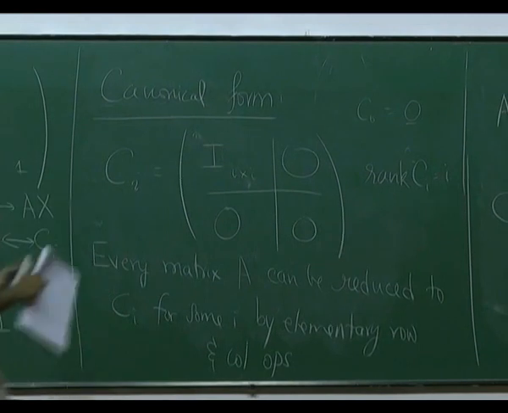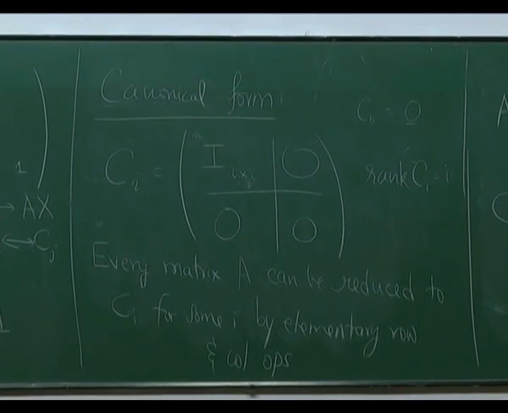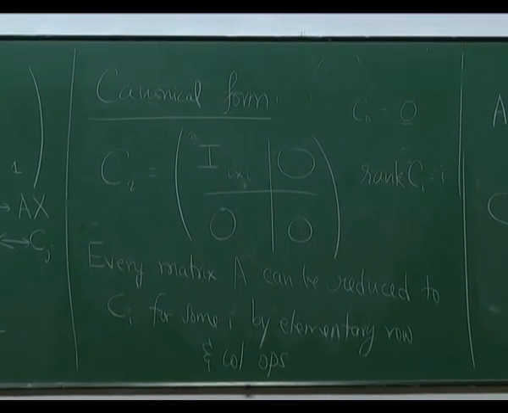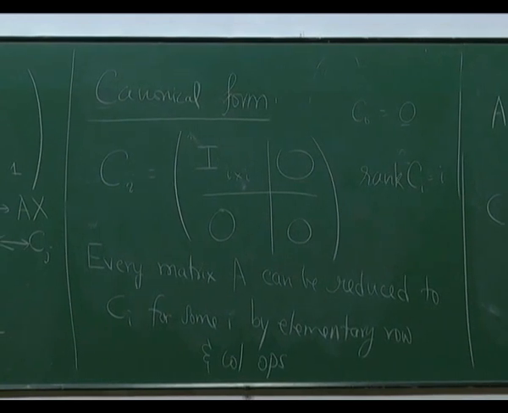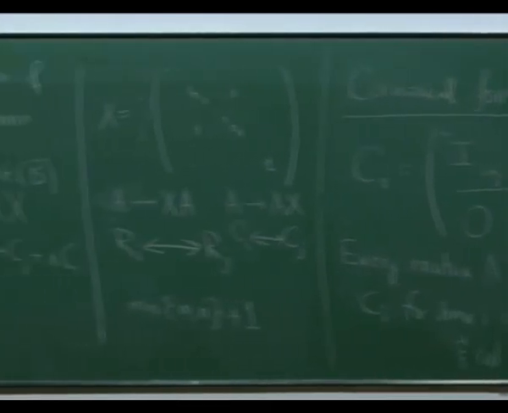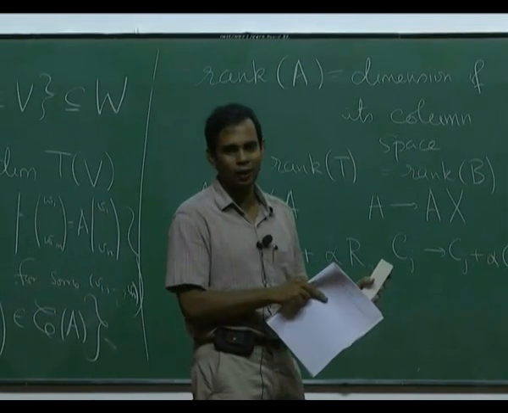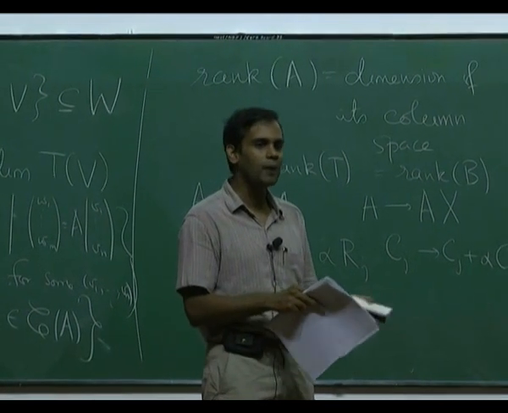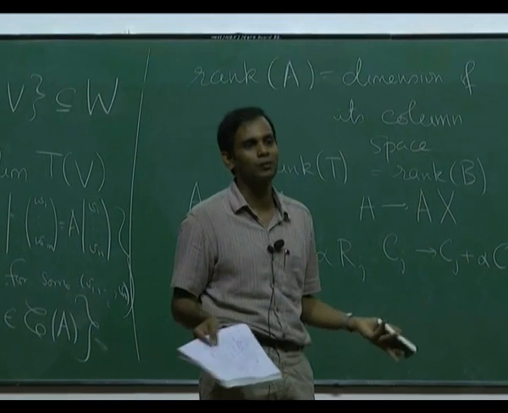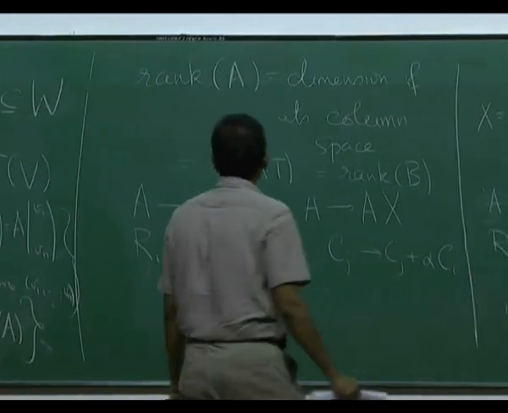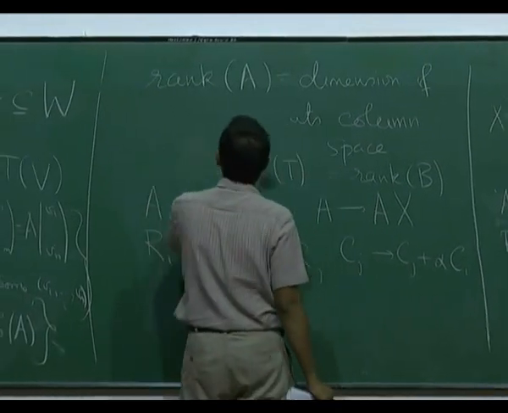So if you have a non-singular matrix, then by performing row and column operations, you can reduce it to the identity matrix. Clear? You reduce it to its canonical form, but that canonical form has to be the identity matrix because of non-singularity. So what is happening here?